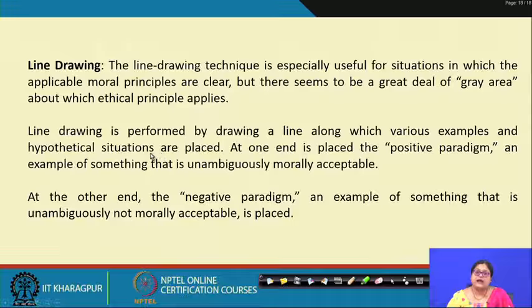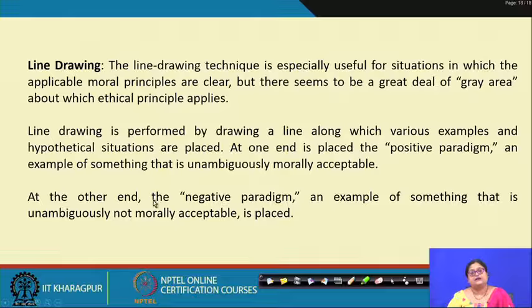Line drawing is performed by drawing a line along which various examples and hypothetical situations are placed. At one end is placed the positive paradigm, an example of something that is unambiguously morally acceptable.